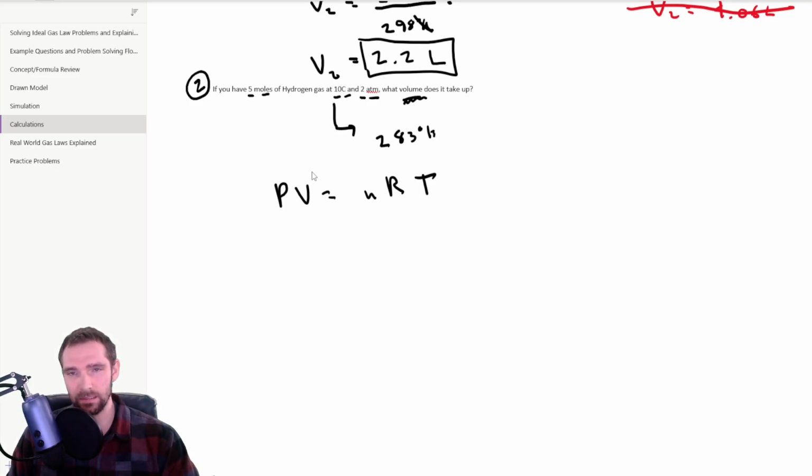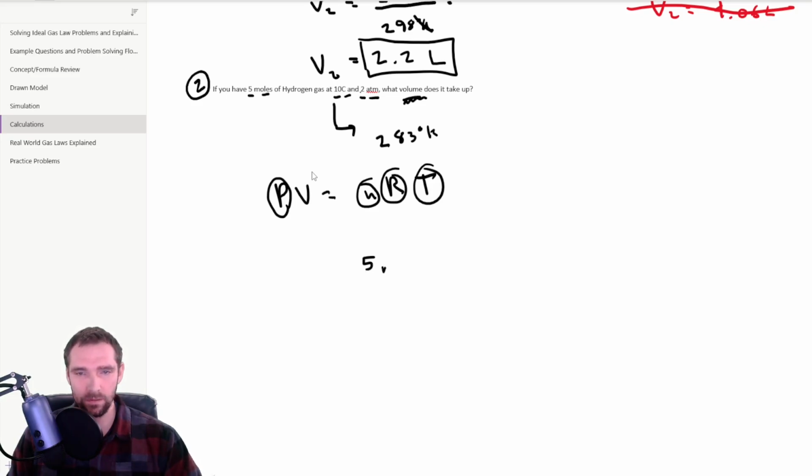283 degrees Kelvin. So they've given us the temperature. The R is always given because it's a constant. They've given us the number of moles, and they have also given us the pressure. So we can plug them in as is. We could also rearrange; either is fine. Let's just plug it in.